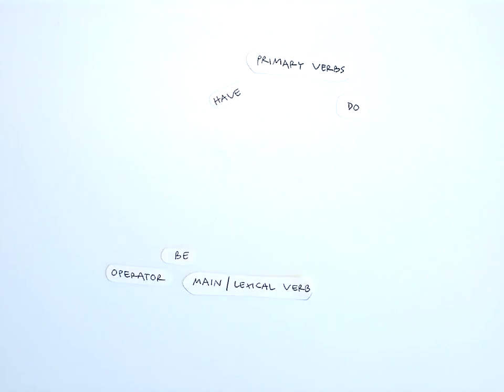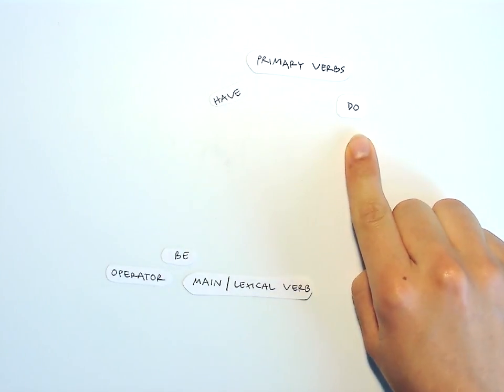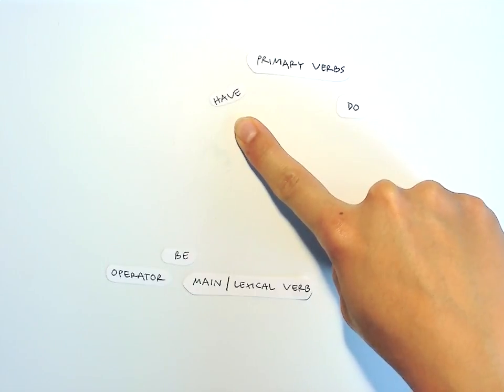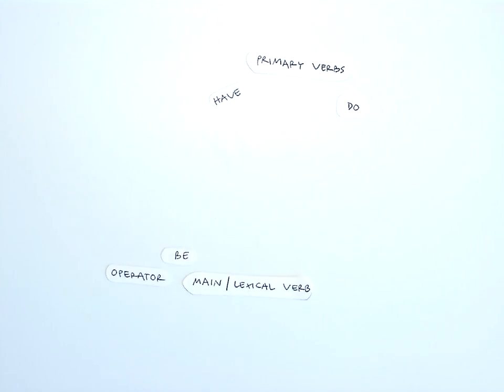Be can therefore be the main verb and the operator. Do can't, as you can't say, I didn't my homework. Have can be main verb and operator at the same time. So you can say, I haven't a clue. And of course you can use a separate word with have also, as in, I don't have a clue.